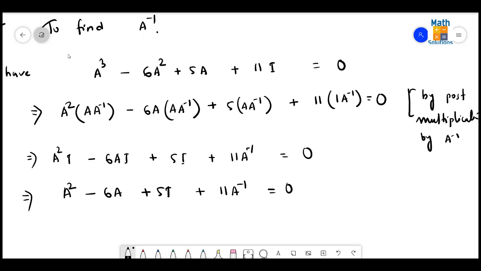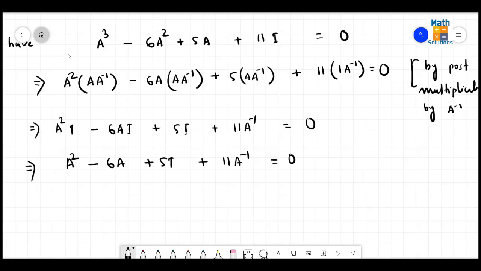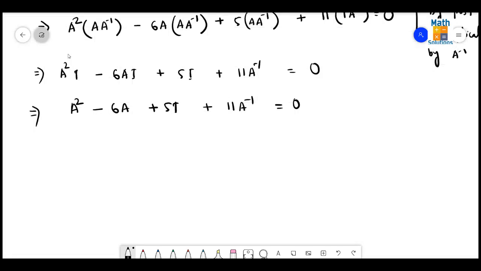Our intention is to derive only the value of A inverse, so the term containing A inverse we should keep alone on one side, while all the other terms should be shifted to the opposite side. So 11 A inverse I am keeping alone on one side, and the rest of the terms I shall carry to the opposite side.